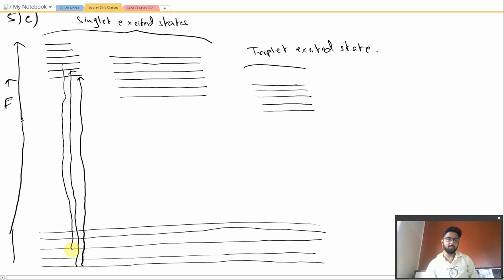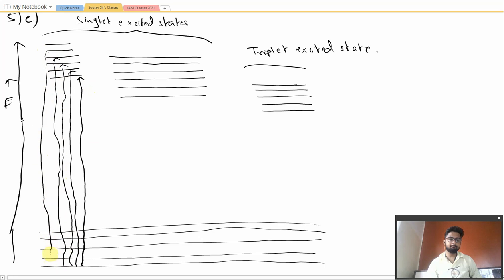In your copy, you should use one. I don't have a scale over here, which is why the drawing is not up to the mark. The last transition would be this one. So this one is an S2 state.